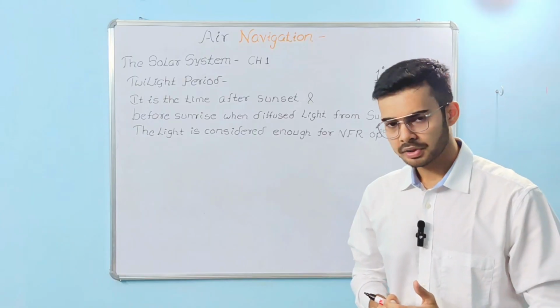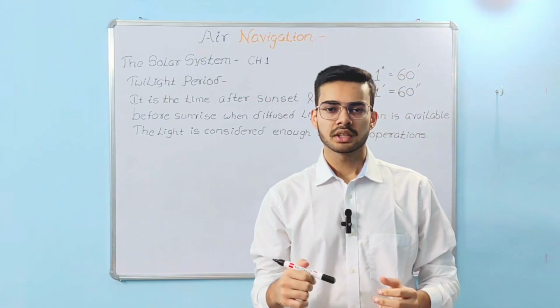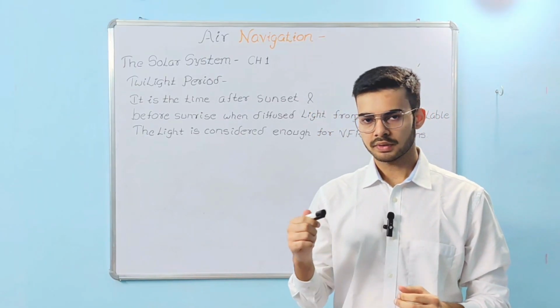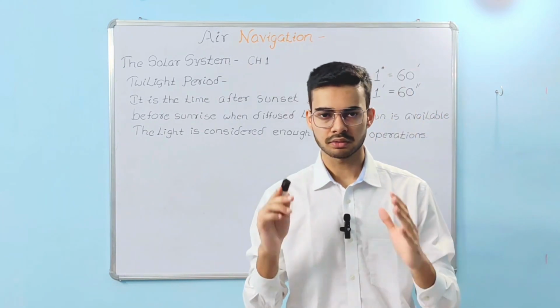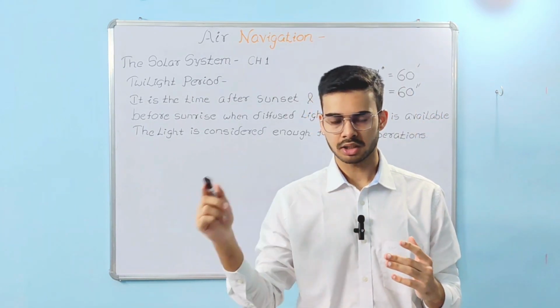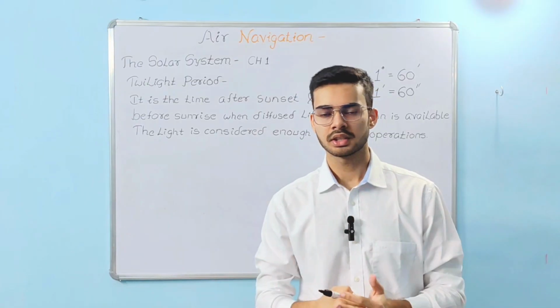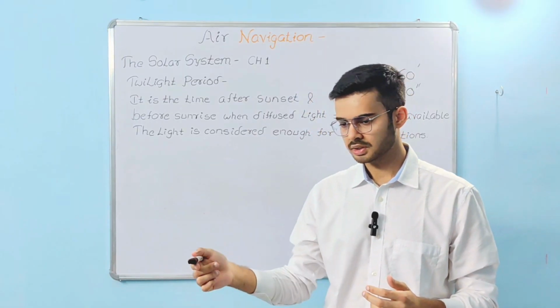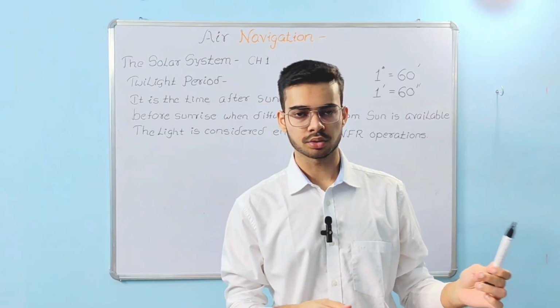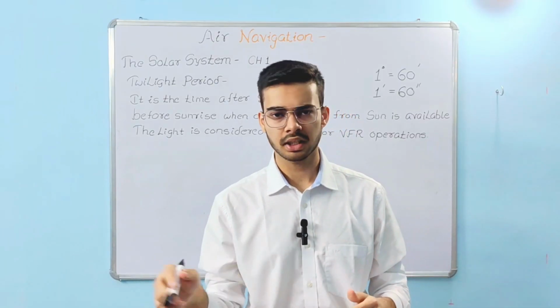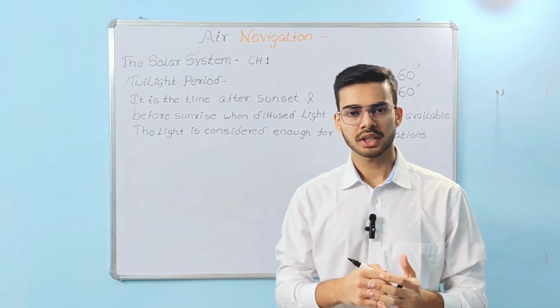What are VFR operations for those who don't know yet? VFR stands for Visual Flight Rules. These are the operations when we navigate basically visually from what we are able to see in our surroundings. So we take a few locations such as some big factory, some big lighthouse or some windmill, and we use them to navigate.